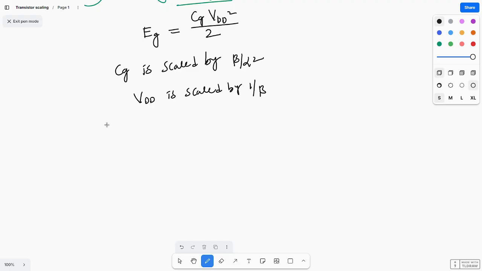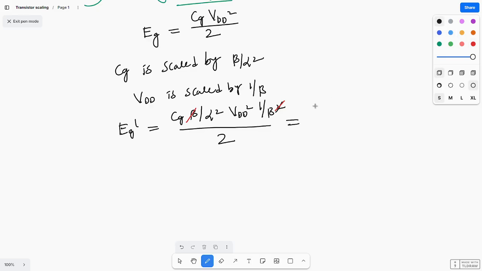Just substitute. So Eg dash equals Cg beta by alpha square, and VDD square means 1 by beta square, divided by 2. Okay, so here 1 beta will get cancelled. What is remaining? This is equal to 1 by alpha square beta Cg into VDD square divided by 2.